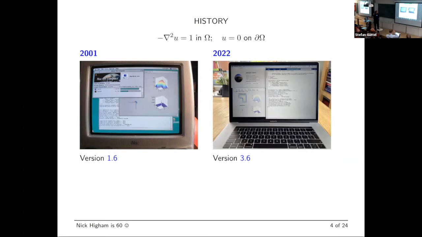It's running MATLAB 5.2. And I ran the same experiment a couple of weeks ago on my current laptop and just checked to make sure I still get the same results. And I do, to within 15 decimal places, unit round off.